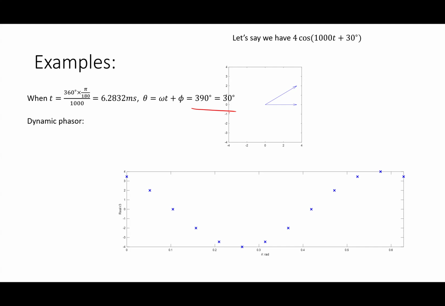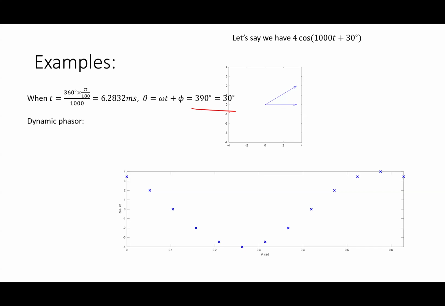So if I want to figure out the exact time that this happens, I would need to solve omega t plus 30 degrees equals 390. That tells me the exact time, right? But I know that whatever happens at 30 degrees and what happens at 390 degrees is going to be exactly the same thing, because those are the same angle, right?